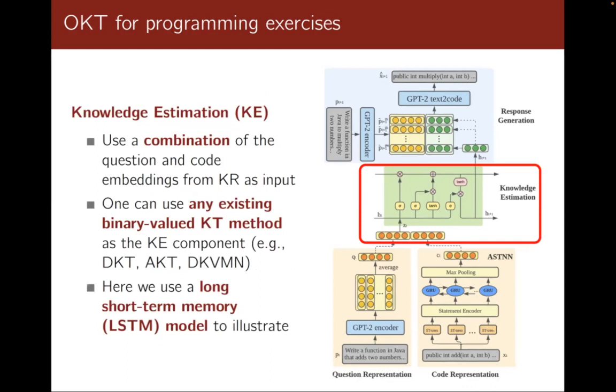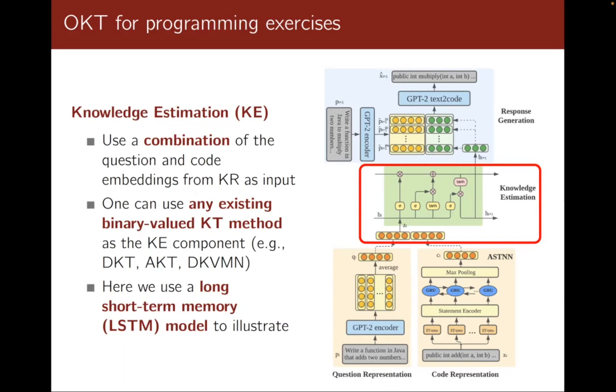So the next component is called knowledge estimation. What this means is that I'm going to try to take a student's past answers to previous questions, and then turn them into this latent knowledge representation. And this has been done in the literature for many, many years. There are hundreds of people doing this for binary value knowledge tracing.